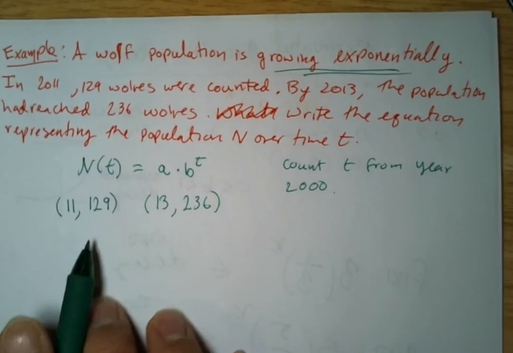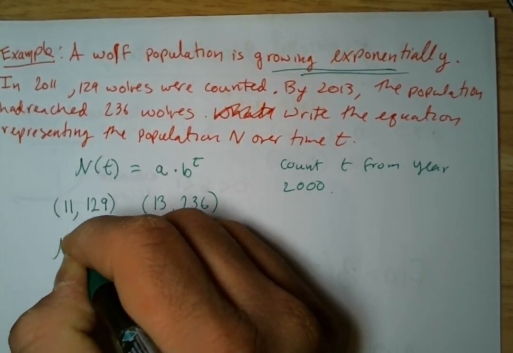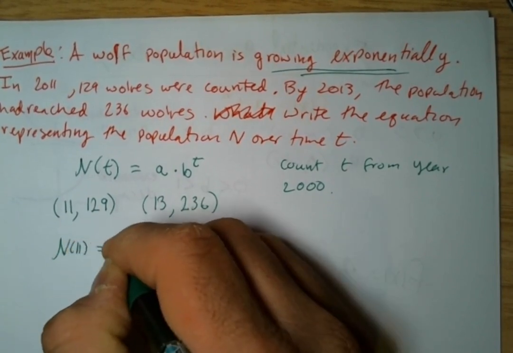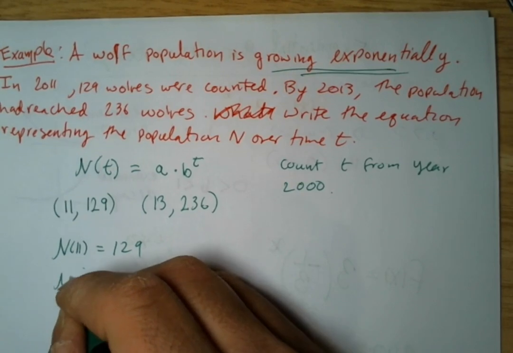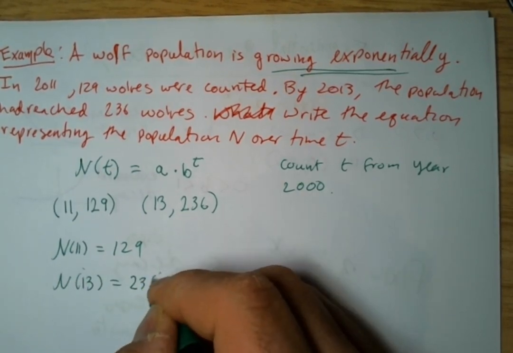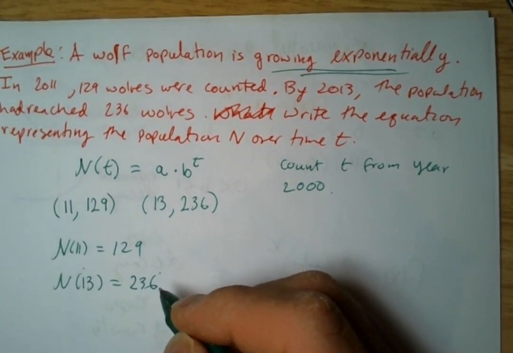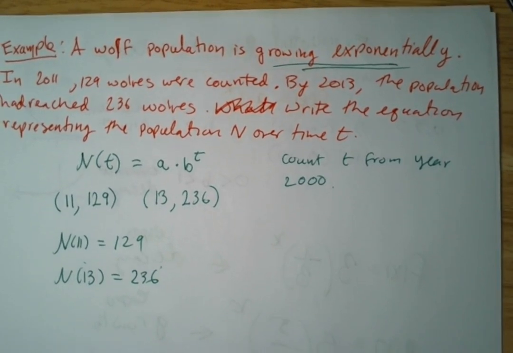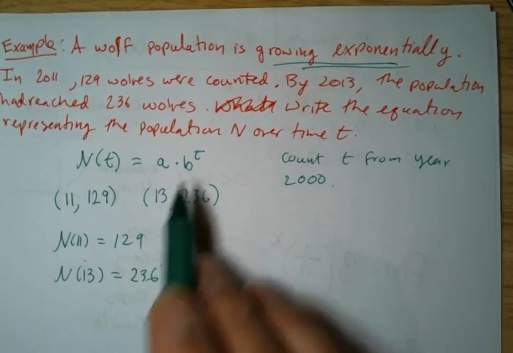Now I know a couple things. This is telling me 2 values. So I know that N of 11 is equal to 129, input, output, and N of 13 is equal to 236. Now I need to find a and b.